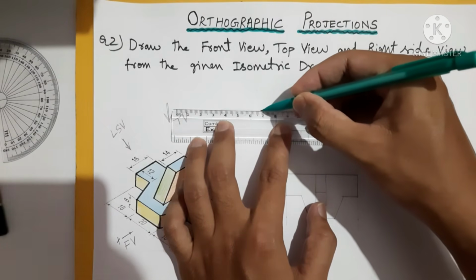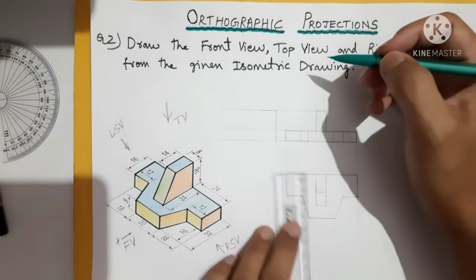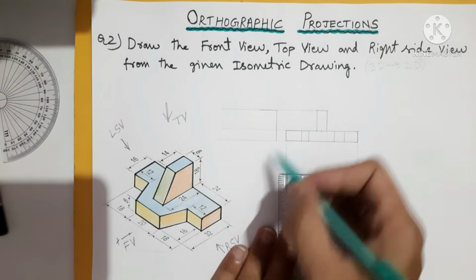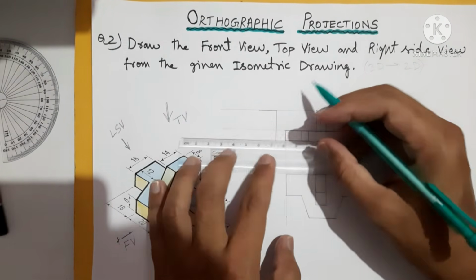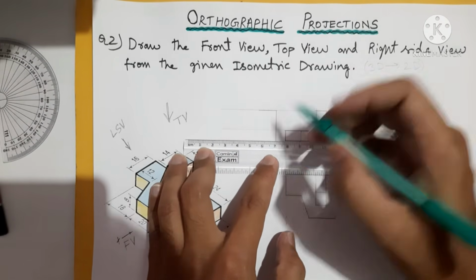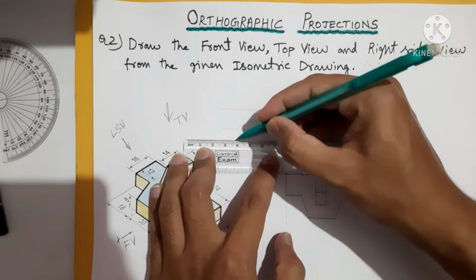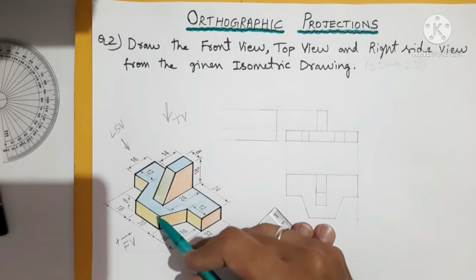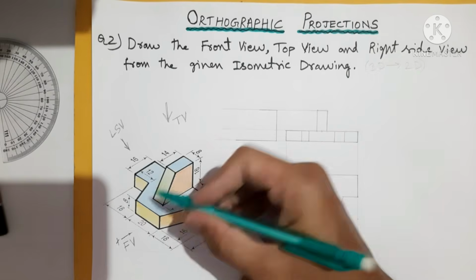So this is 10 plus 4, 14 millimeter. After that, in this direction how much is it? 32. So in this direction from the base you proceed to 32, 10, 20, 30 plus 2. After reaching here, just take the height.